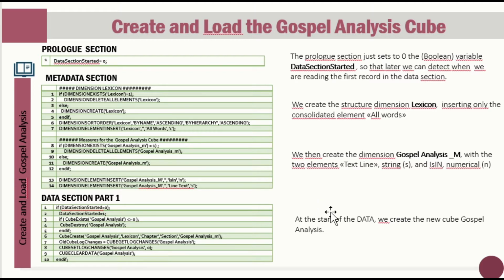Now in the data section part 1, if data section started is 0, then we negate this condition. Data section started now is 1, and we are ready to destroy and recreate the gospel analysis cube, because the lexicon dimension is already present, although it has just one element.